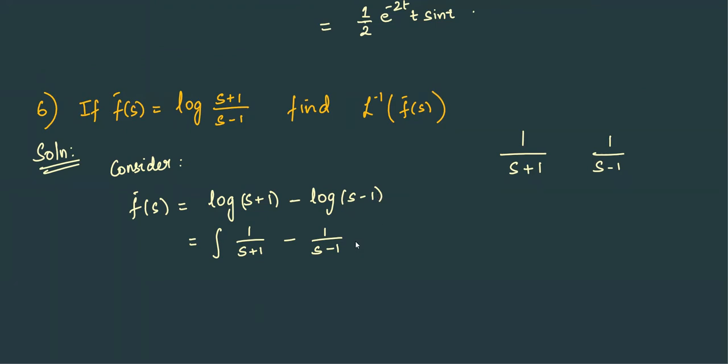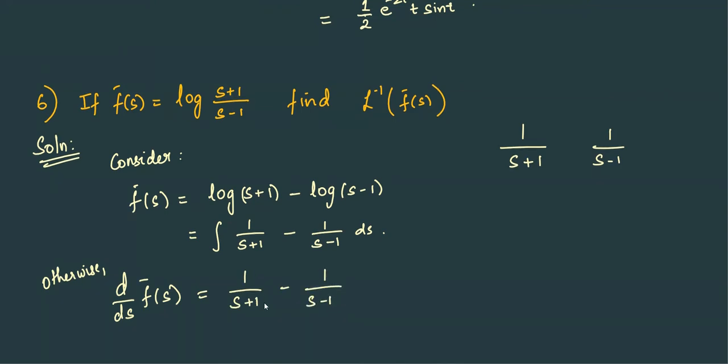ds. Or in other words, derivative of this, d by ds of f bar s is 1 by s plus 1 minus 1 by s minus 1.